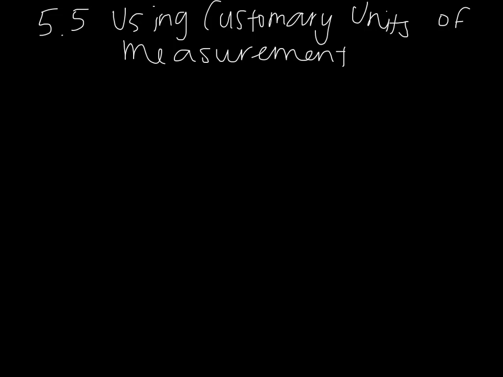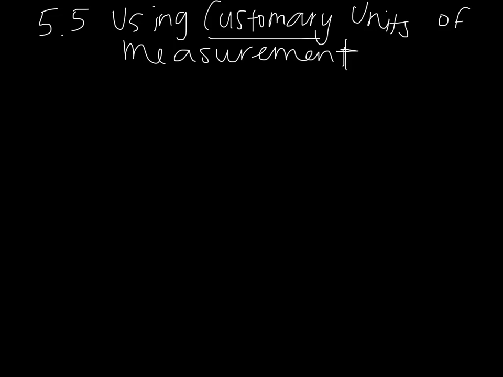Okay, so before we've done using metric units of measurement, and that was just where we had to move the decimal point because we're multiplying and dividing by factors of 10, multiples of 10. So this one is what we use. We use customary units in the United States. So it's things like inch, foot, yard, mile.